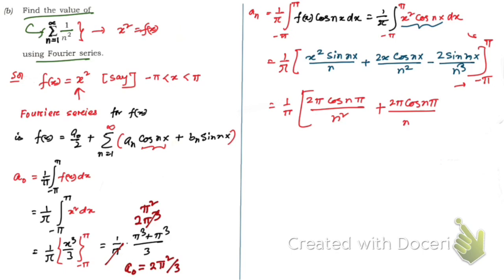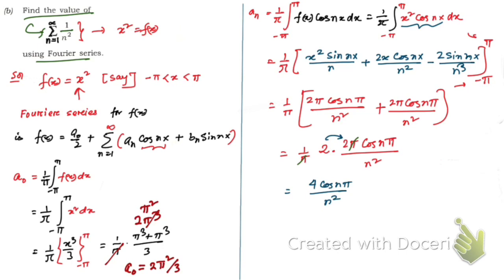So that's why you will get the same terms. So that's going to be equal to 1 by pi, twice into 2 pi cos n pi by n square. So here you can see clearly pi cancels, so you will get 4 cos n pi by n square. That's what you will get, right?